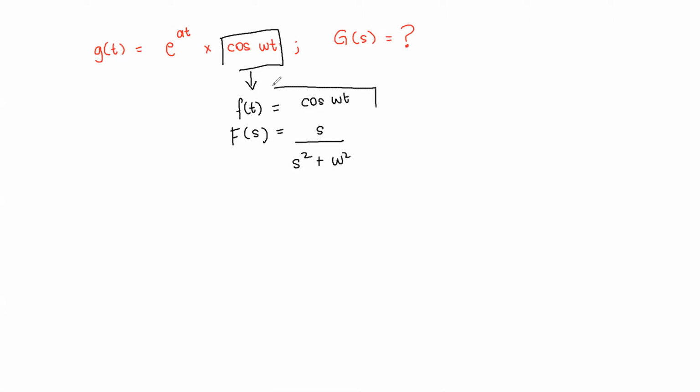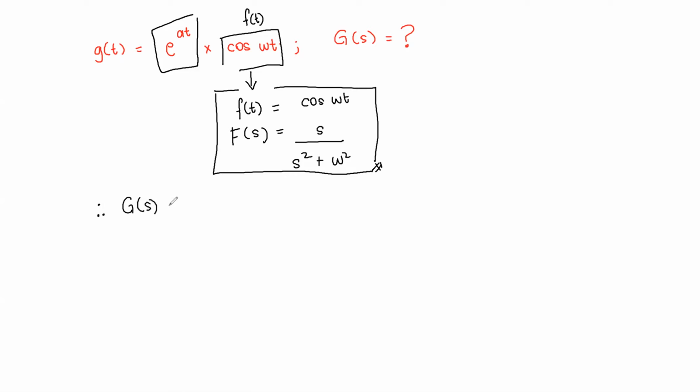So this is the pair that you will see in the basic table of Laplace transform. Now you realize that your g(t) here is f(t) multiplied with a kernel function which is exponential to the power of at.